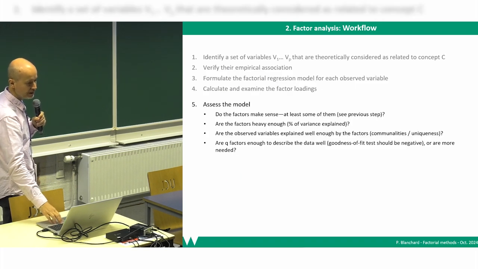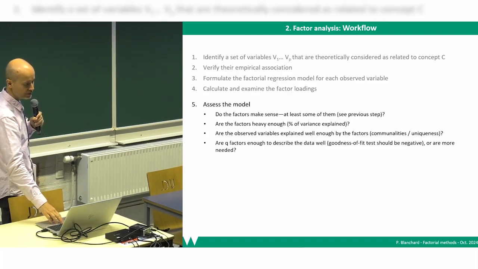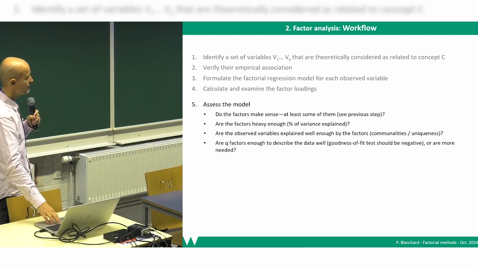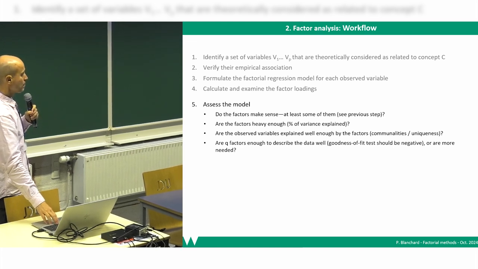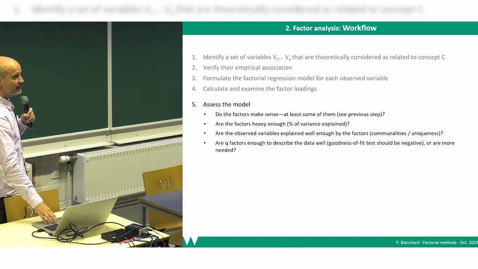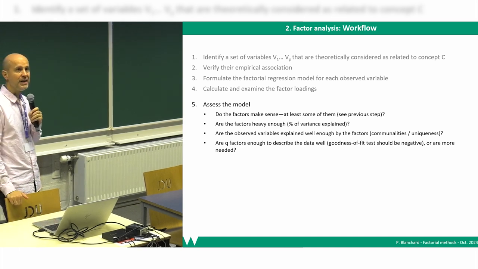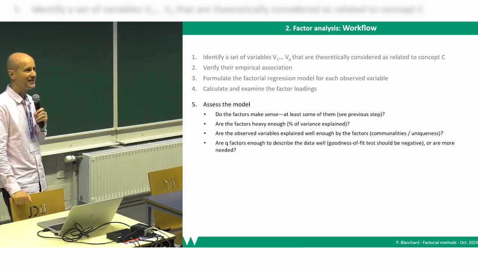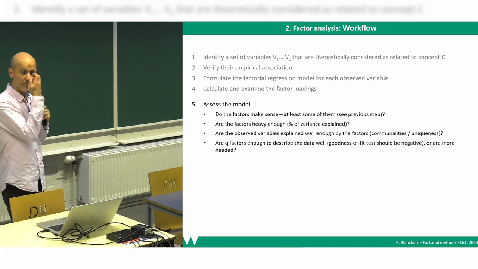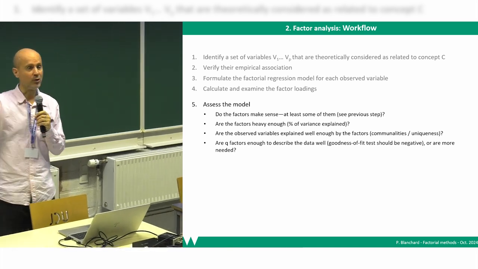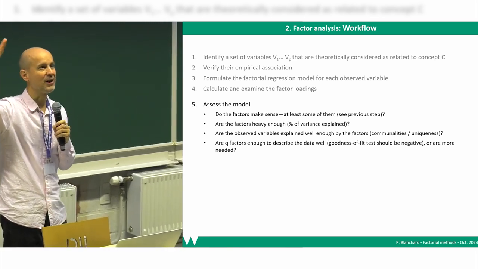All right, so let me try to move on down the workflow so you can assess the model. Do the factors make sense? It's important to be able to name what you obtain. The factors are sometimes, again, a beautiful discovery or a beautiful confirmation of the theory. Wow.